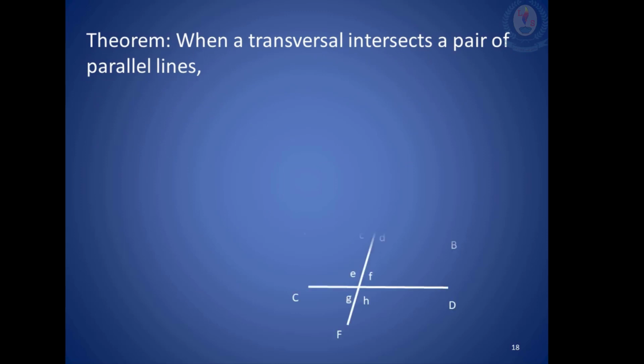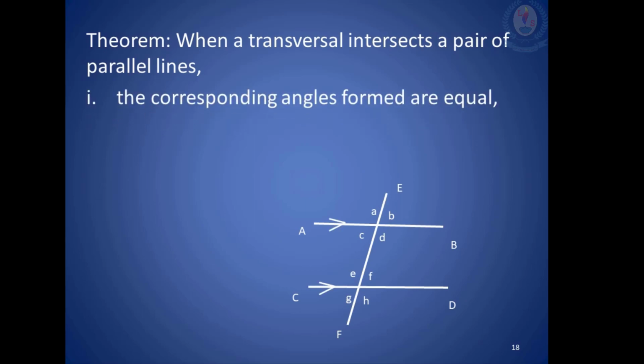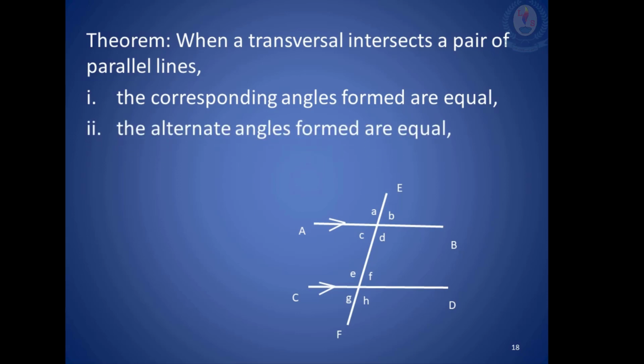When a transversal intersects a pair of parallel lines, the corresponding angles formed are equal. Then we can say C equals G, D equals H, as well as E equals A, F equals B. Part 2. The alternate angles formed are equal.